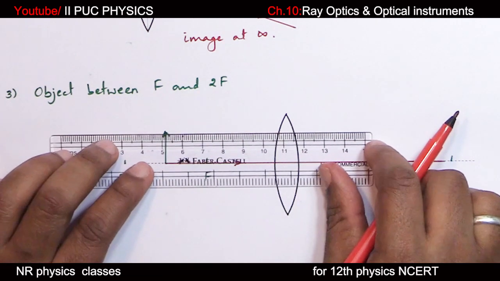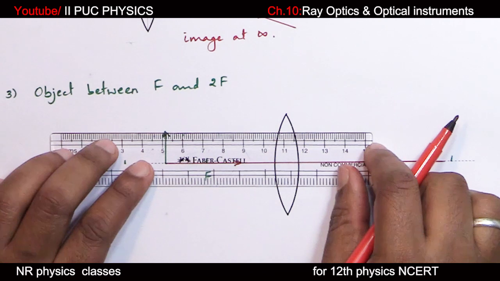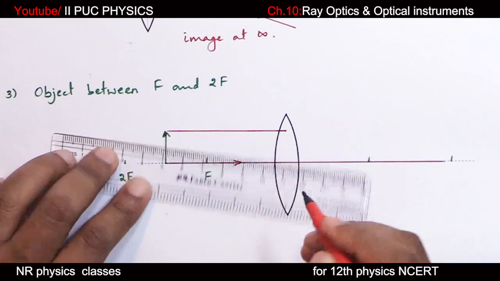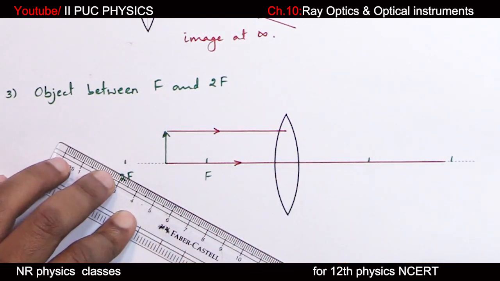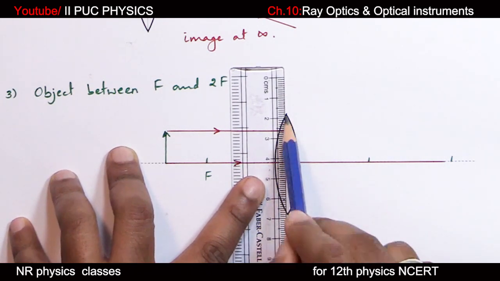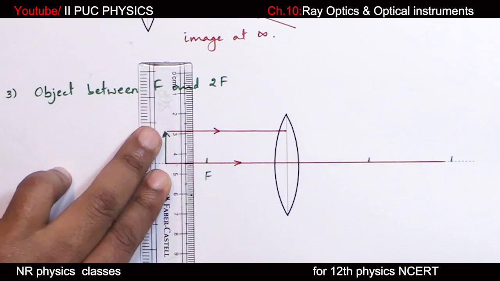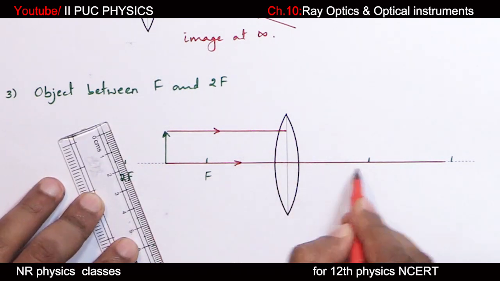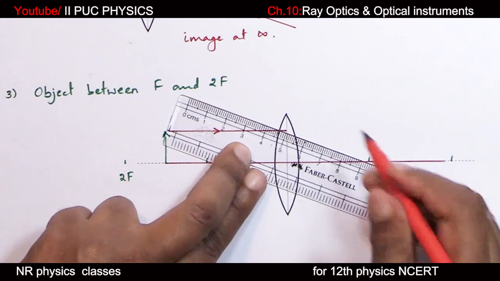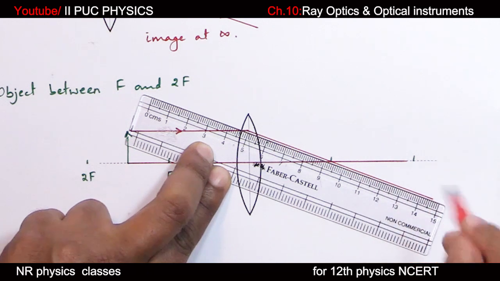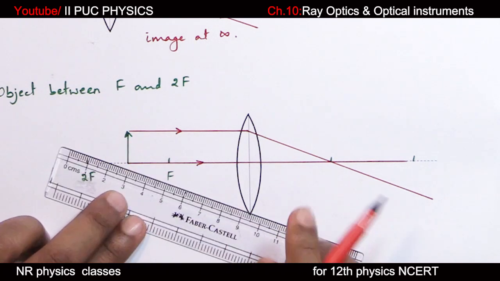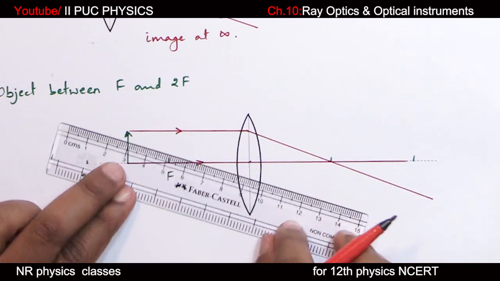This is another ray parallel to the principal axis. Again, draw till principal section of the lens. This imaginary line is the principal section. After refraction, this ray should pass through the focus. Now another ray from head of the object passing through this optic center.